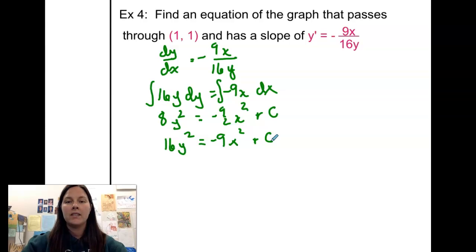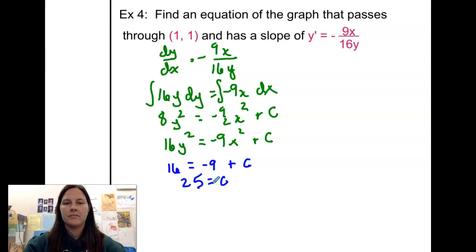Now I'm going to solve for that particular solution, subbing in 1 for y and subbing in 1 for x, adding 9 to both sides will give me a c value of 25. So my final differential equation would be 16y squared equals -9x squared plus 25.